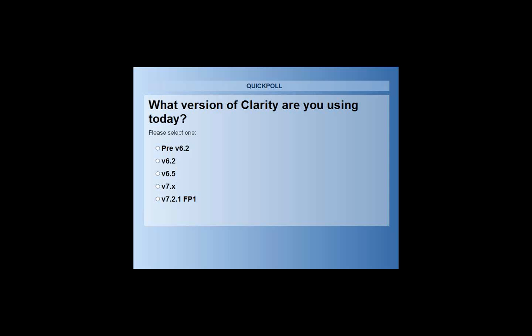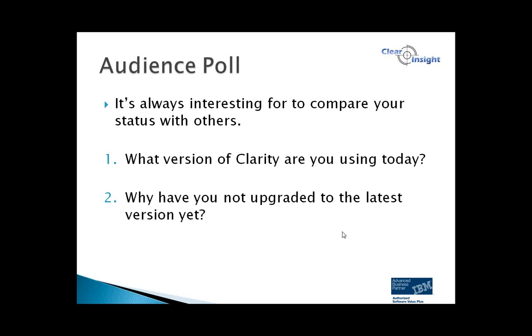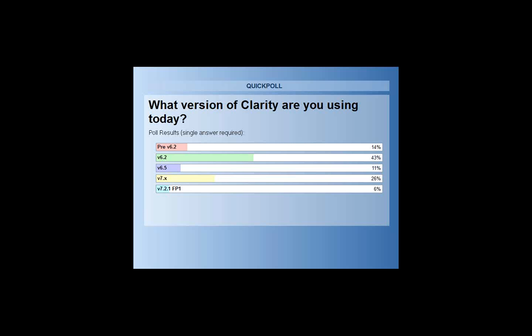We are up to about 70% of you voted so far. We'll leave it open for another couple of seconds. Okay, we're up to about 85%, so we'll leave it at that. We'll close the poll now and show the results.